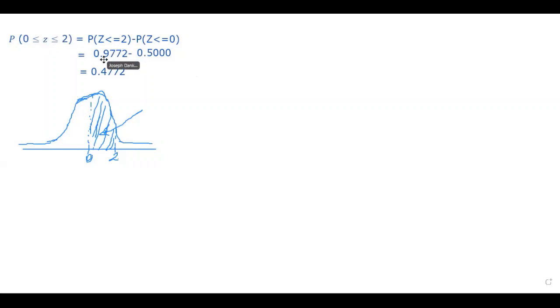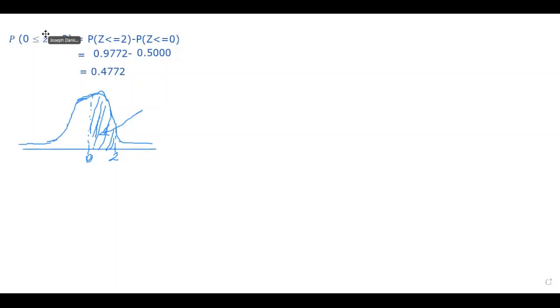This one was already given in standardized form. But if you see X here, you have to transform the X value into a Z value, transform the normal to a standard normal, before you can use the table, because the table values are given in Z.